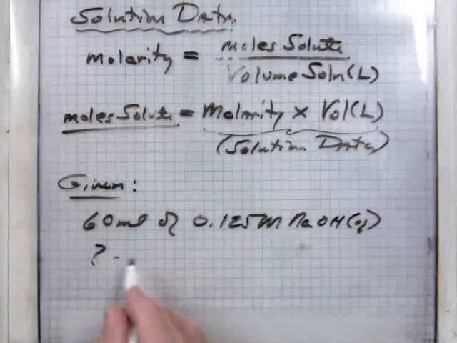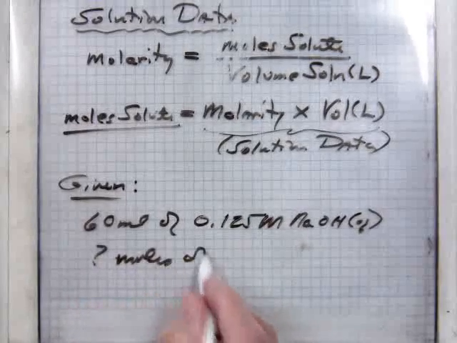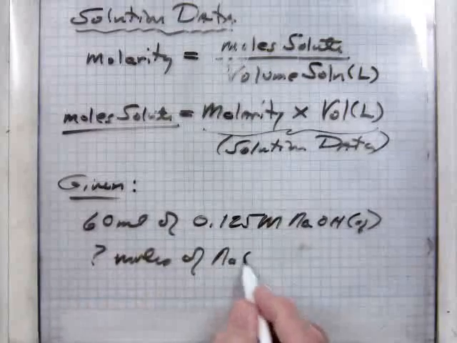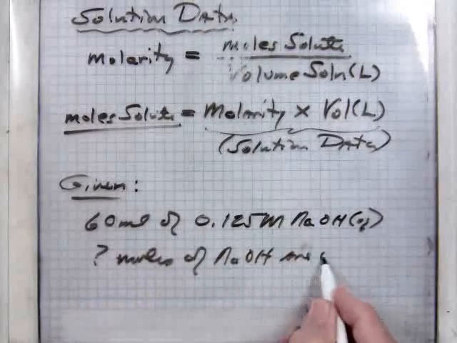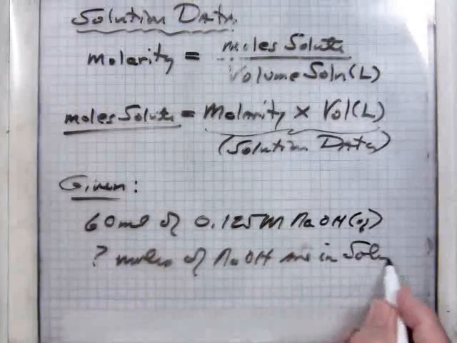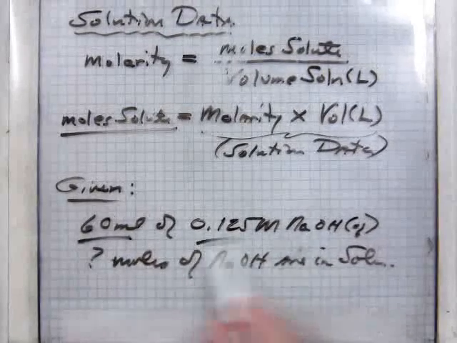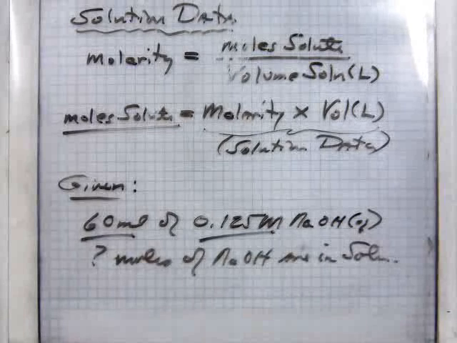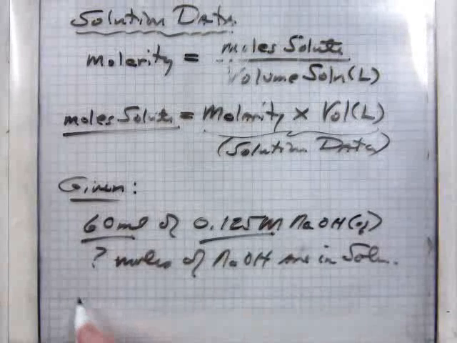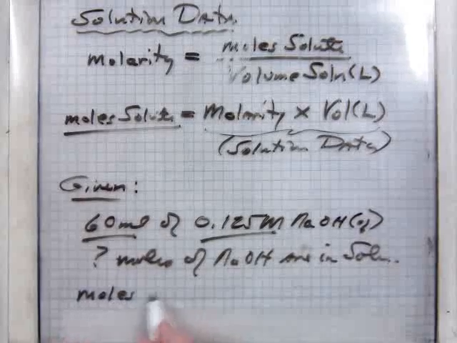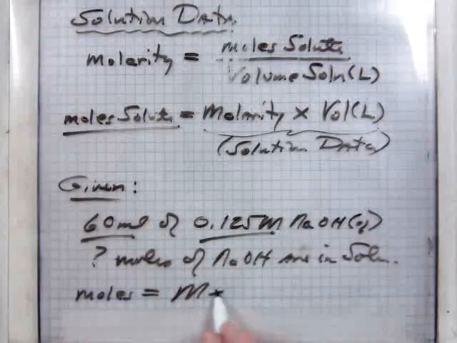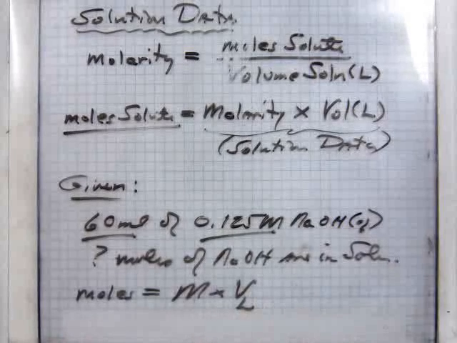How many moles of NaOH are in solution? Okay, what are you looking at? You see a volume number and a molarity number. Those are combined in solution data. Well, we know that moles is equal to molarity times volume expressed in liters.